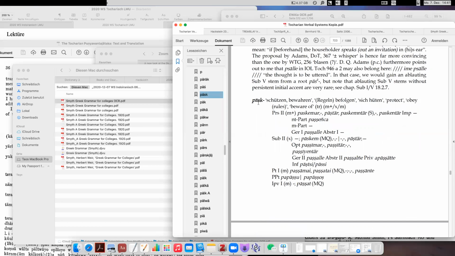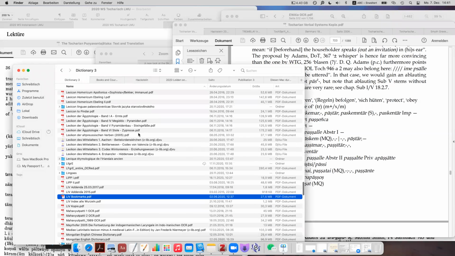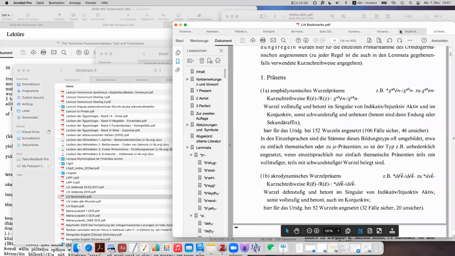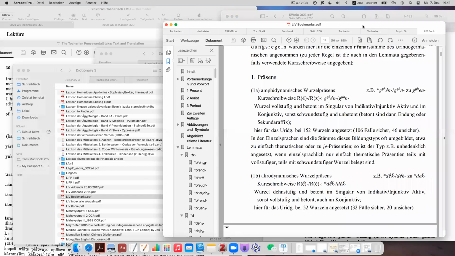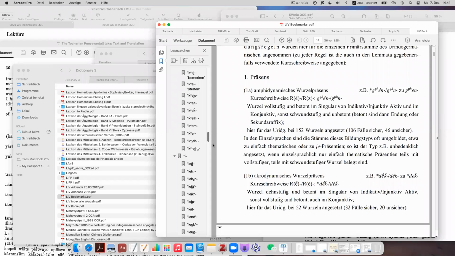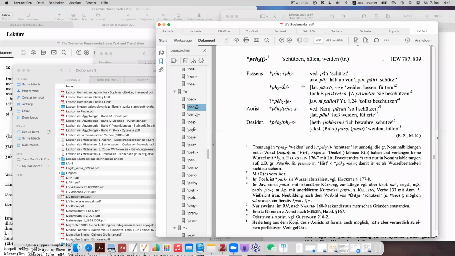So the root is actually called pask in the Tocharian lexicon. But if you check the Indo-European dictionary for Indo-European verbs, this is actually the root.